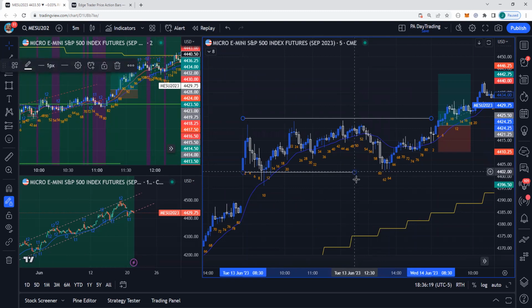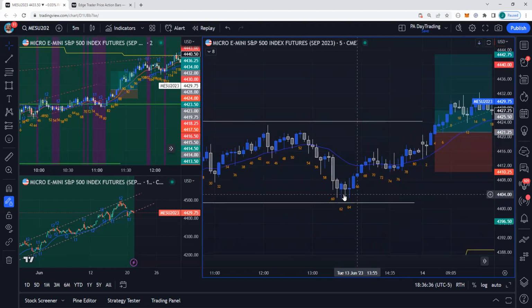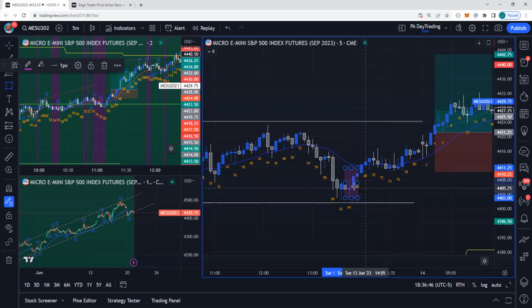You can see how those dojis, those indecision bars on the 4-hour, basically made a trend inside of a lower time frame. That's important because if you look at this bar, we're looking at a trading range inside of a 1-minute time frame or so, and you can actually bring it out to these bars as well.